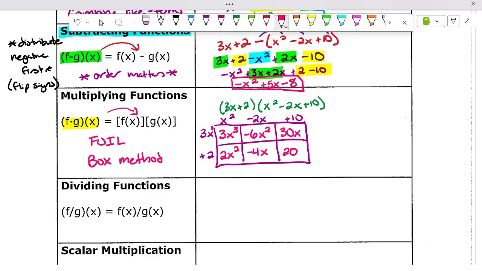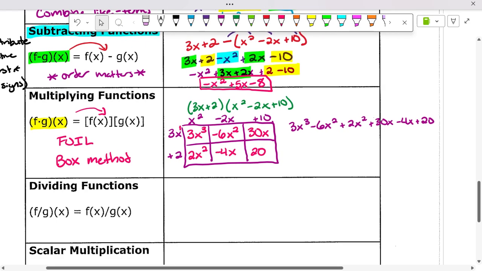Now, what you're going to do is take everything out of your box and rewrite it in standard form. So I'm going to do 3x cubed minus 6x squared plus 2x squared plus 30x minus 4x plus 20. I'm just taking everything out of my box.